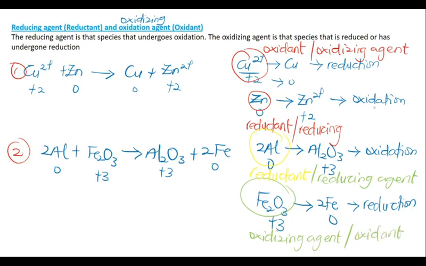So depending on the reaction that occurs, if reduction occurs, which is the decrease in oxidation number, then the first species is the oxidant. If oxidation occurs, then the first species is the reductant or the reducing agent.